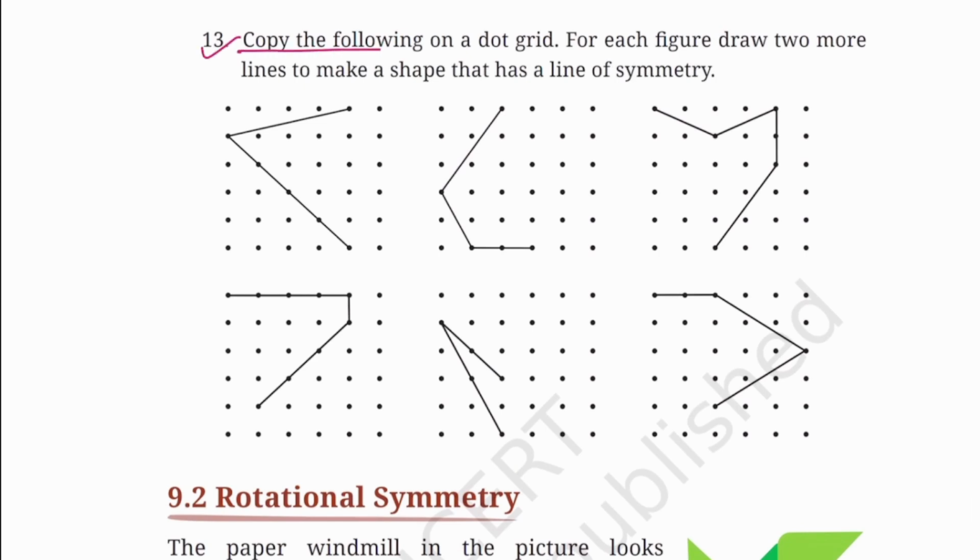13. Copy the following on a dot grid. For each figure, draw two more lines to make a shape that has a line of symmetry. Please note that you have to draw only two lines, like this.